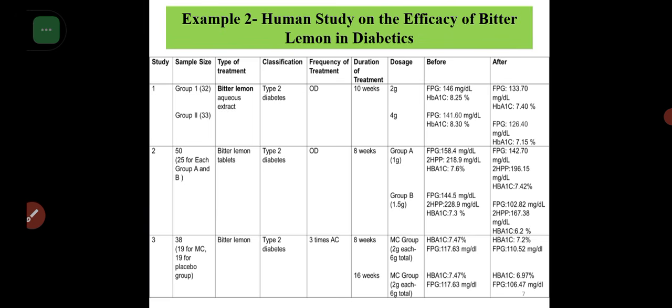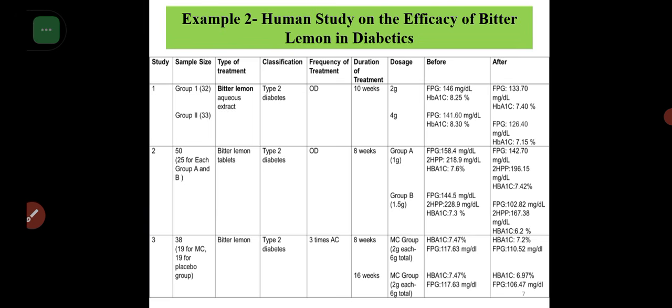The last example is this. Human study on the efficacy of bitter lemon in diabetes. Let's see some of the gaps I can see from here. I'm looking at them to see what researchers didn't do. Let me look at types of treatment.